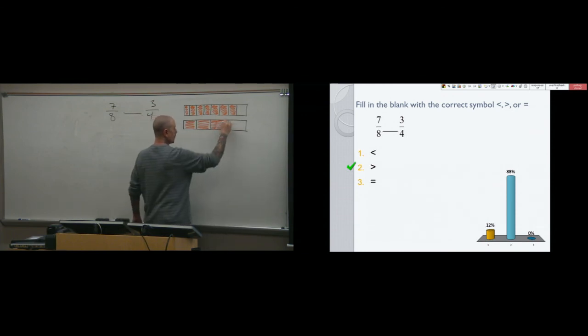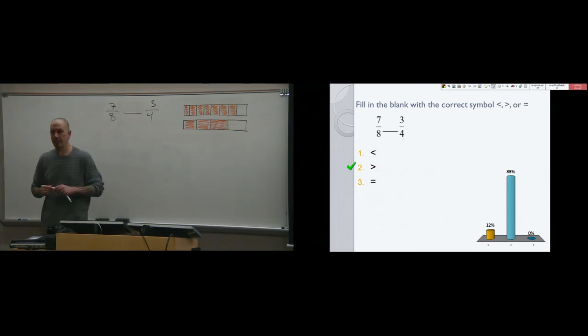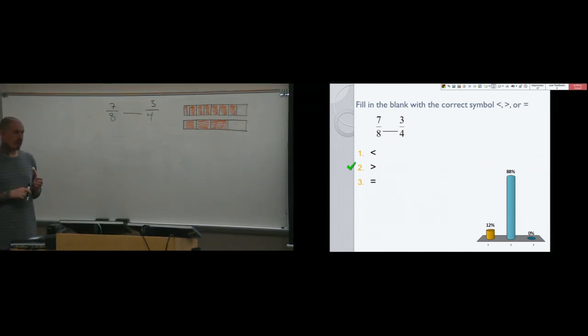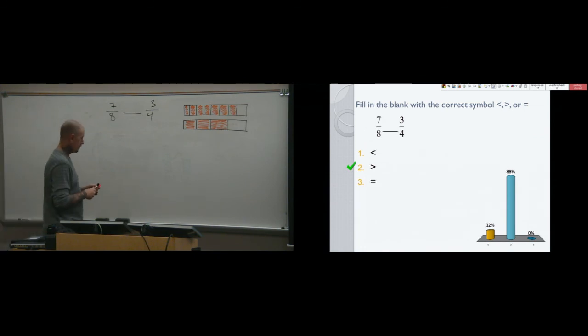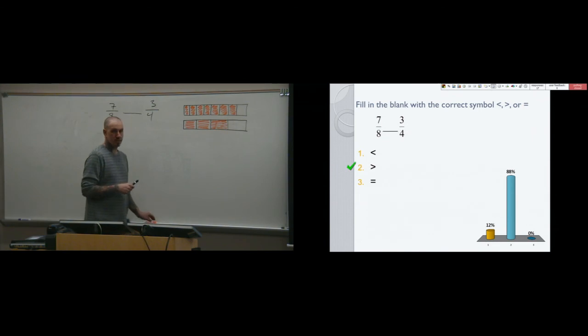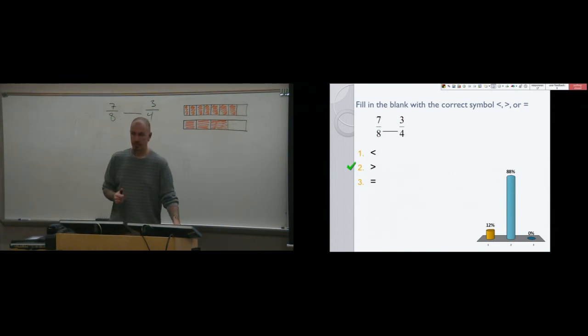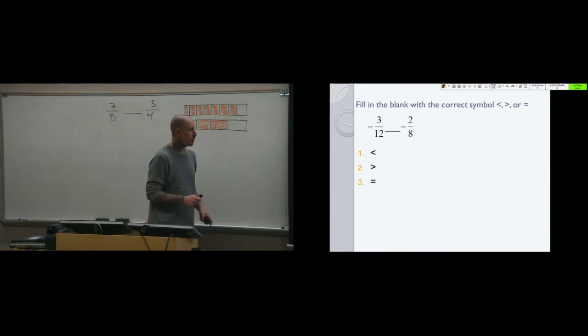And if we do a little dashed line up there, we can see that in the first fraction bar, more of the bar gets shaded. That means that it's a larger portion, a larger quantity. Any questions? All right, so we're going to try this.